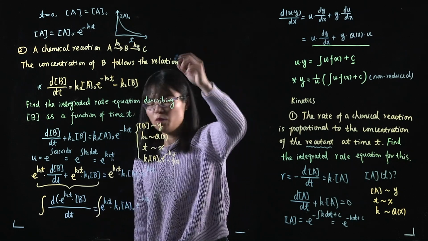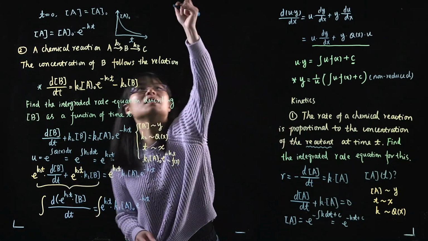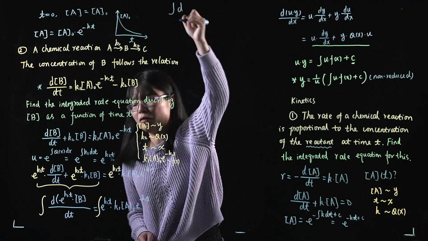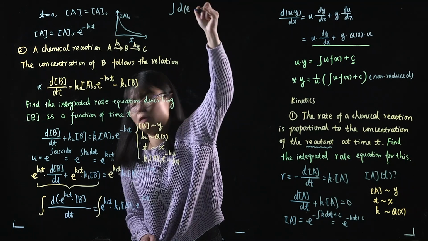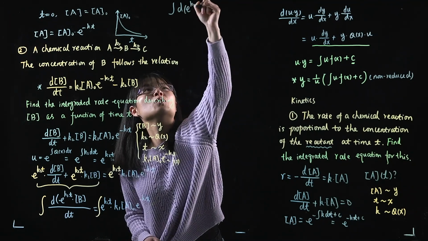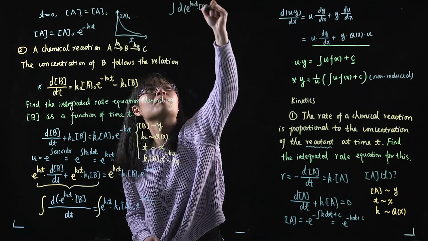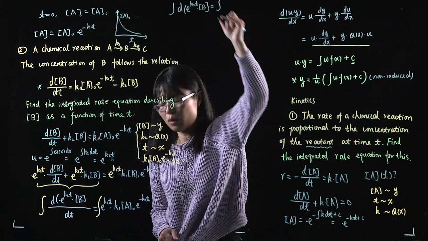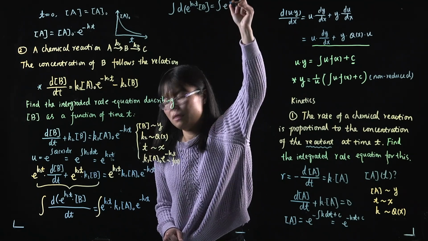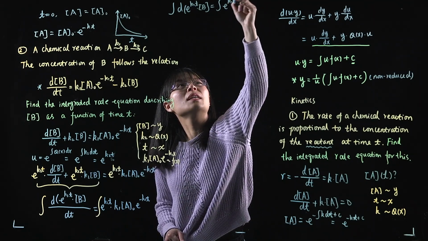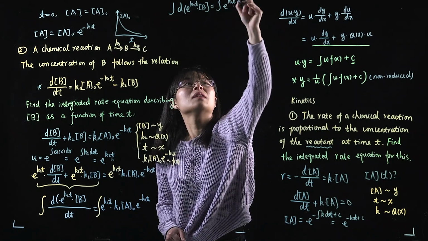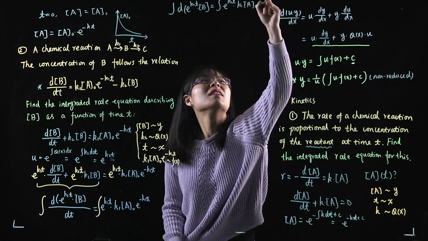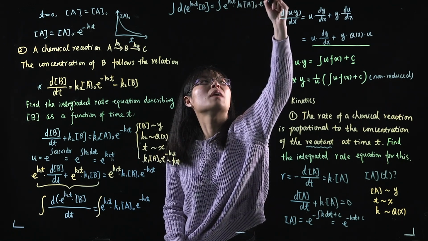Okay, so if we move the dt to the other side of the equation, we have the integration of a differential term, e to the k2t times b. And on the other side of the equation, we got the integral of e to the k2t times k1 a naught times exponential negative k1t.